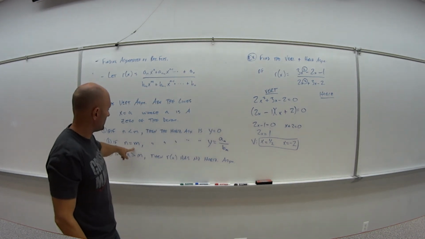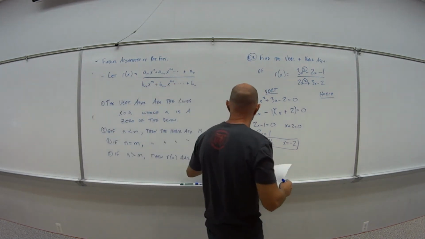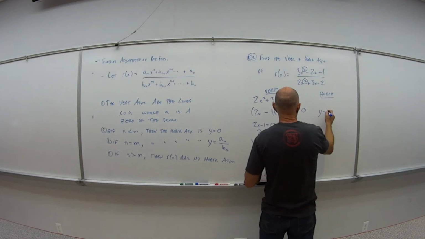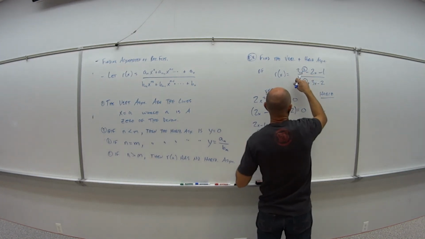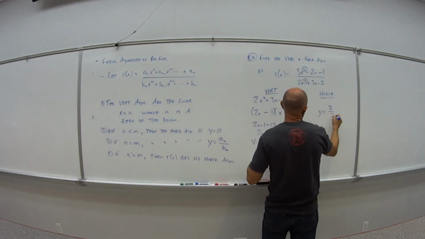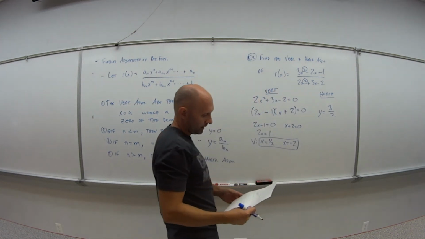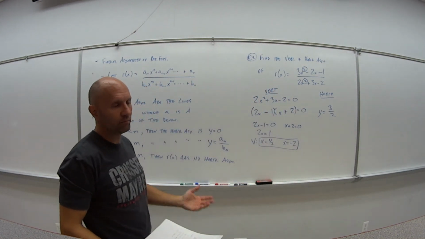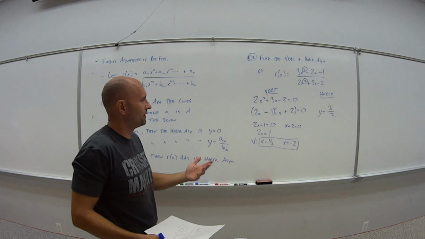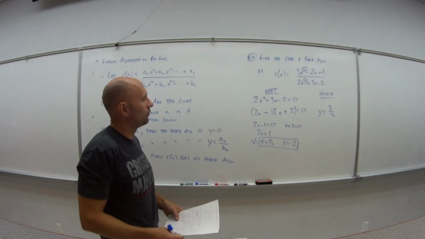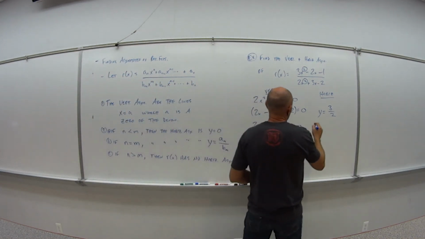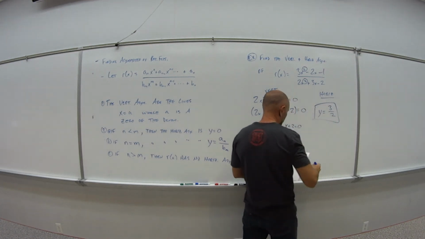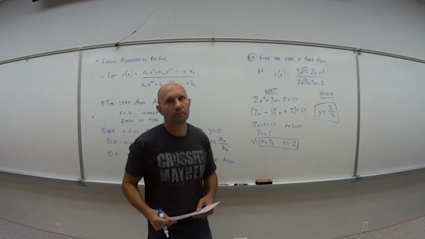So that's 2b, which means my horizontal asymptote is at y equals the ratio of the coefficients, 3/2, and there you're done. Just the leading coefficients for each polynomial. So your verticals and your horizontal asymptotes.